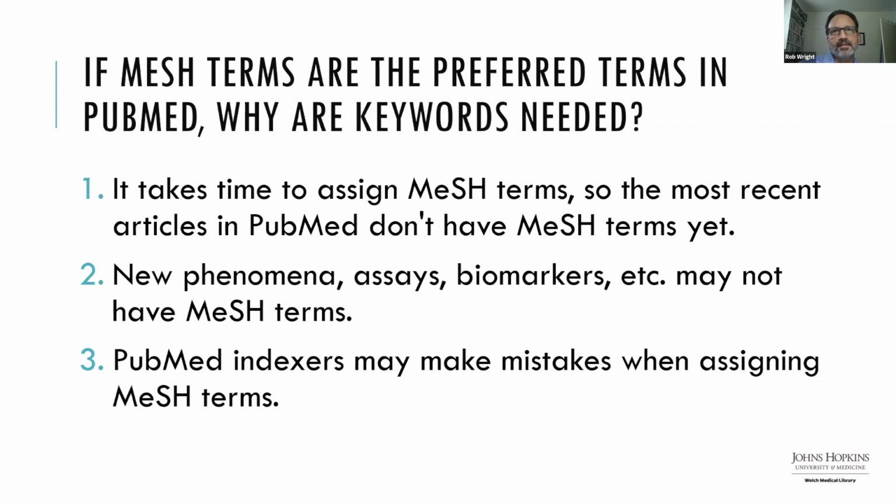There's not an instantaneous assignment of a MeSH term. And PubMed indexers just may make mistakes. So it's always good to have keywords as a backup in case the indexer reads the paper but doesn't think it rises to the level of a main idea, and so it's not going to assign a MeSH term to it. You would capture that with a keyword.